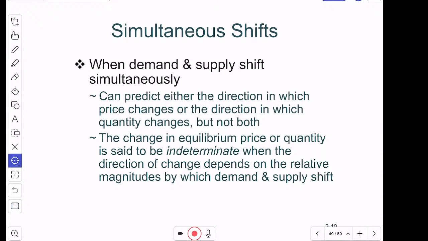More dynamic would be if there was a supply shift that then created a cascade of effects on demand. Let's look at the examples that we have here. So the question is, can we predict either the direction in which the price changes or the direction in which quantity changes, but not both?